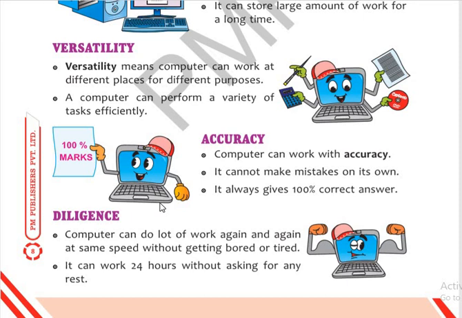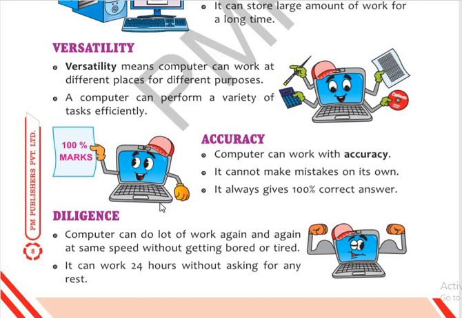It will continuously play the music for 10 hours with the same speed and the same sound quality. So diligence is one of the most important characteristics of a computer, that it can do a lot of work again and again in repeated mode without getting bored or tired, and it can work 24 hours without asking for any rest. Only we humans need rest, but a computer doesn't require any kind of rest.